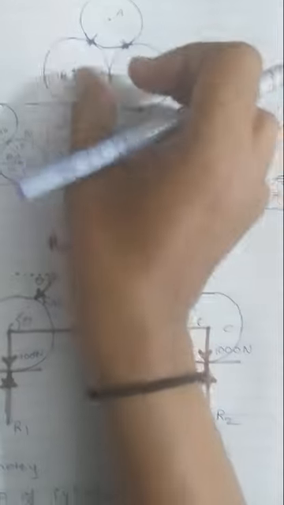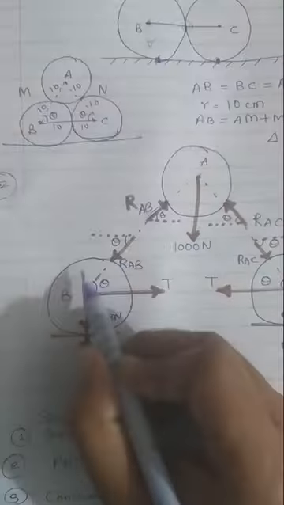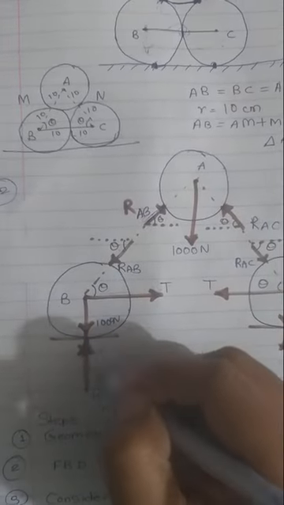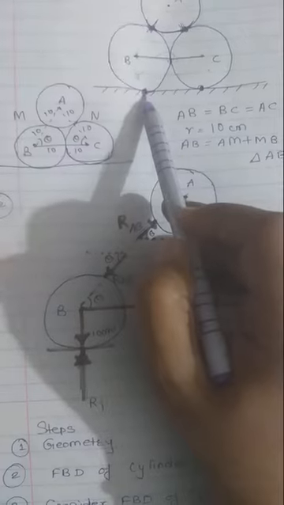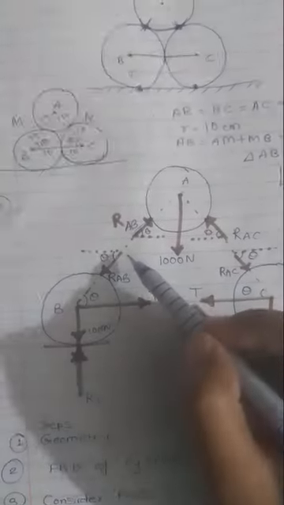So if it is going to spread, there must be tension in the cable, so that tension we can show away from the point. So for the sphere B, there is 1000 Newton weight, R1 reaction at this point, tension of this cable and reaction from A.